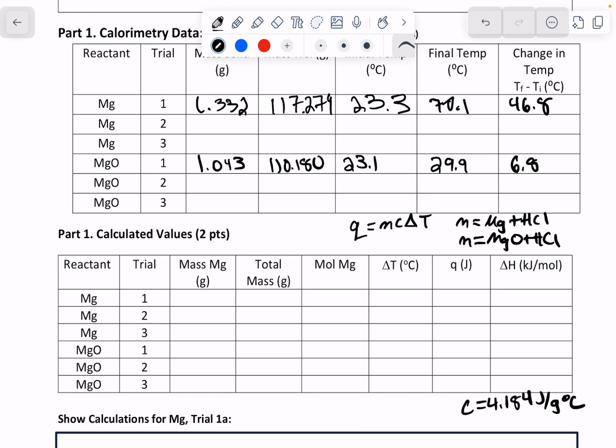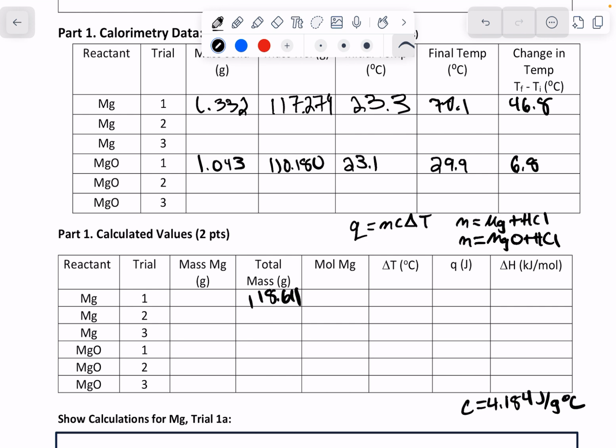So in the first part, he used 1.332, and I'm going to add the 117.279. The total mass is going to be 118.611.